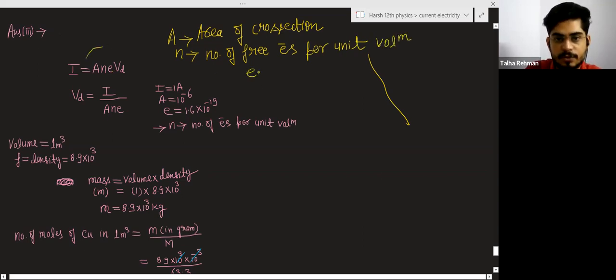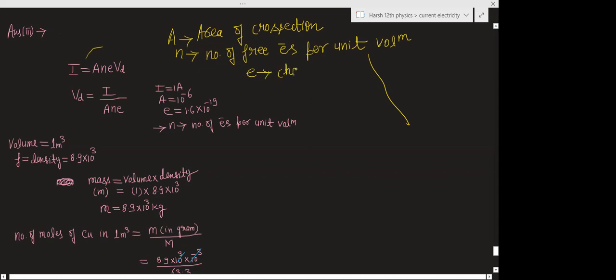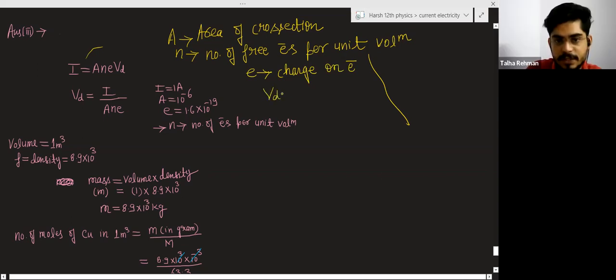E is the charge on electron. V suffix D is the drift speed, or you can say drift velocity.